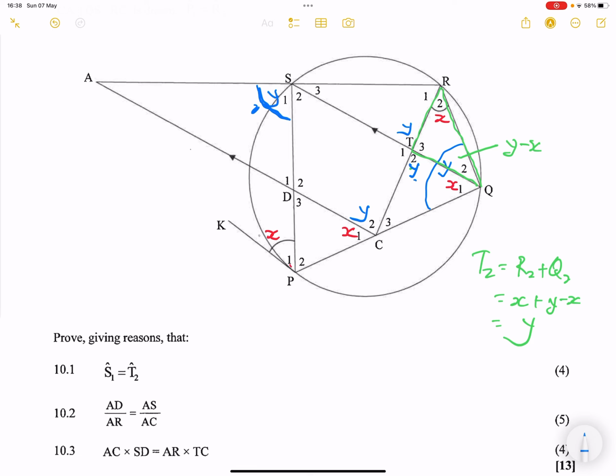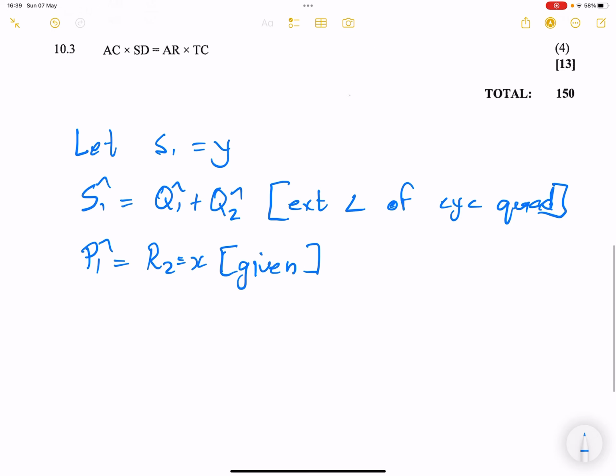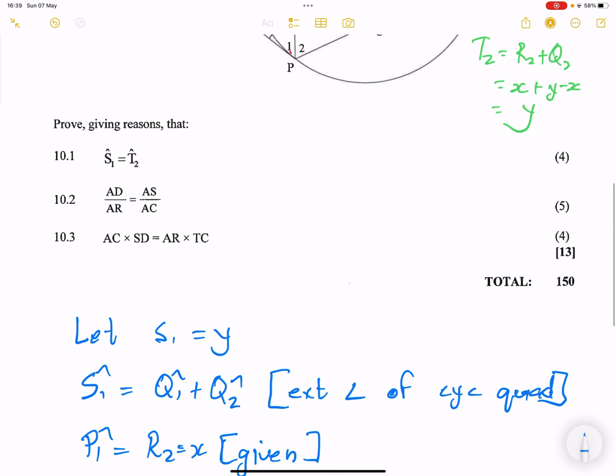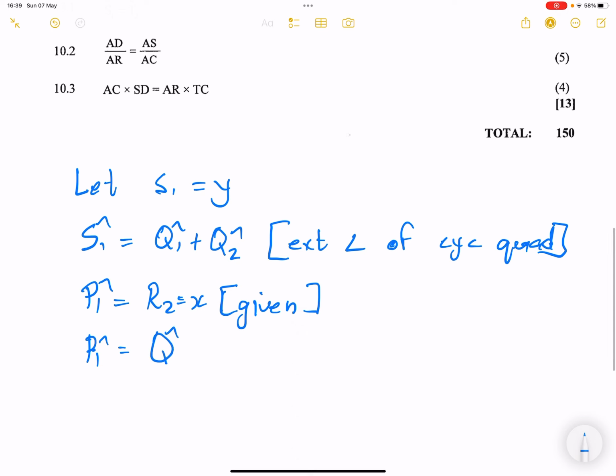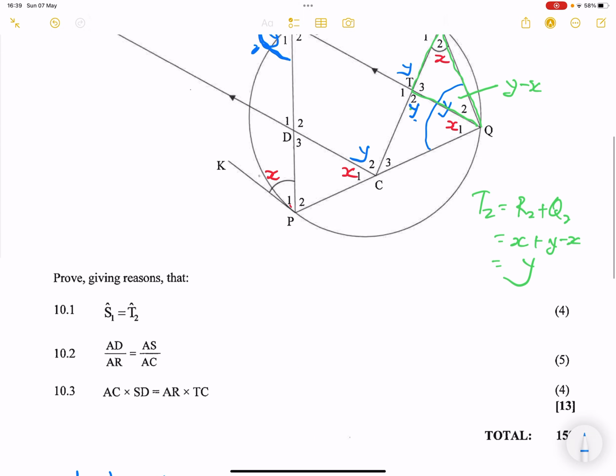Now, in this case, we said that Q1 was equal to, looking at those angles, that actually also makes Q1 equal to P1. So P1 is equal to Q1, and we said that is the tan chord theorem, right? So those two became equal to each other by virtue of the tan chord theorem, which is also equal to x, right?